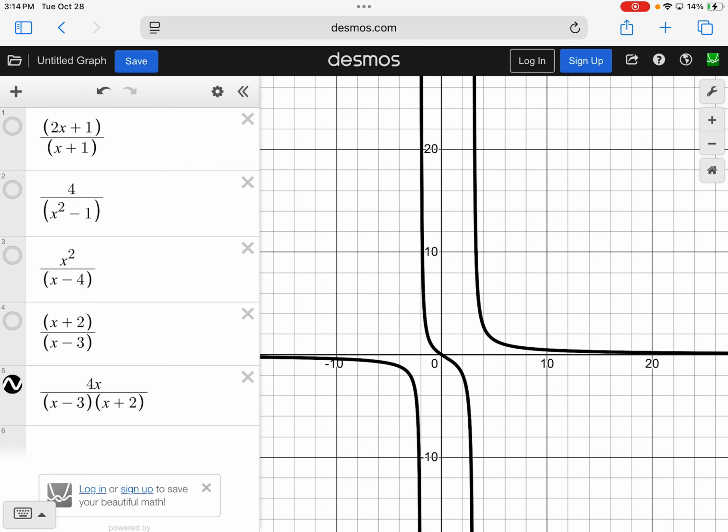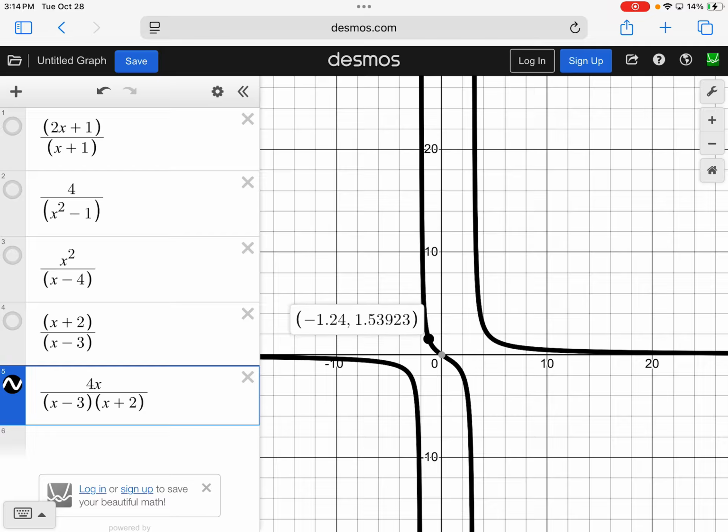So I have 2 asymptotes again. Where are they this time? The vertical asymptotes look like they're at -2 and not 2 but 3.